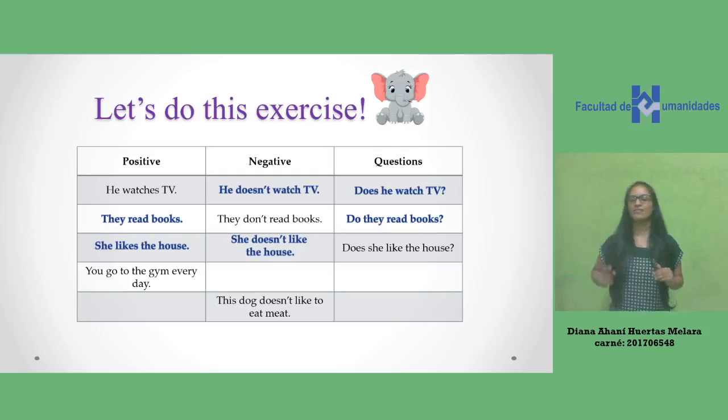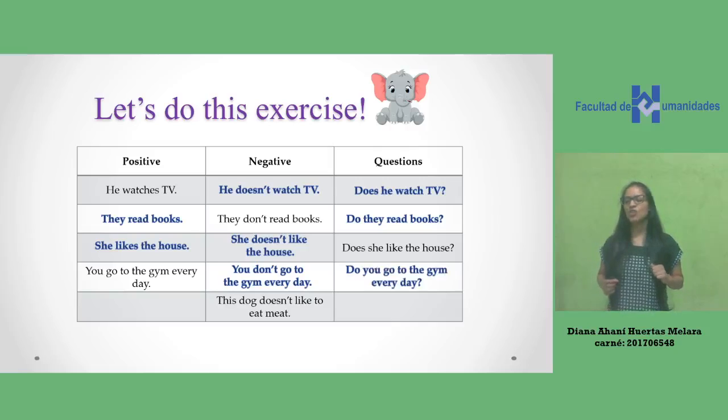So next one. We have the positive way, and the sentence says, you go to the gym every day. So I think the negative way should be, you don't go to the gym every day. And the question should be, do you go to the gym every day?